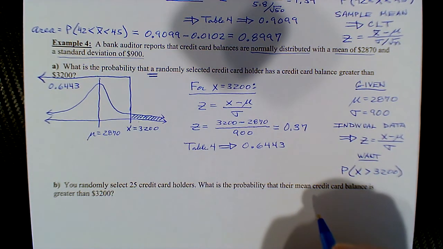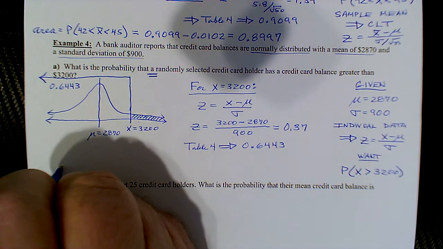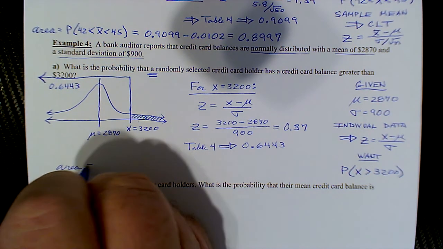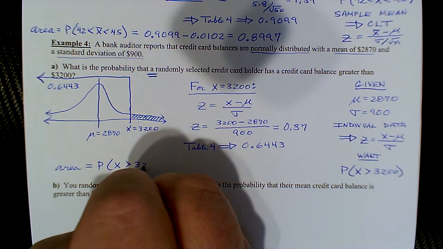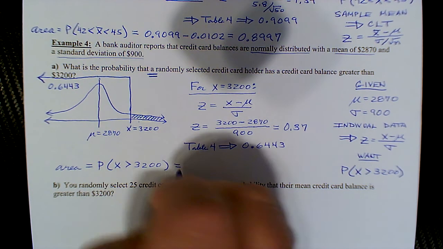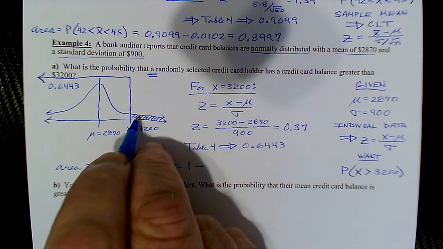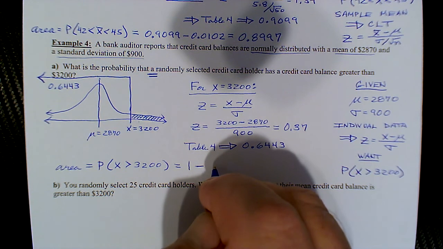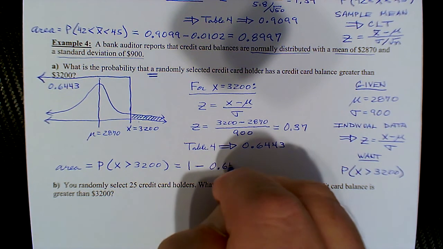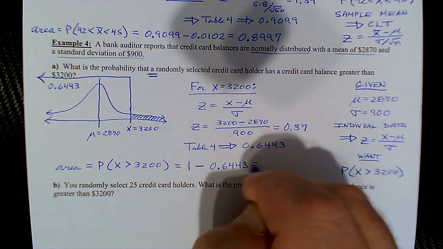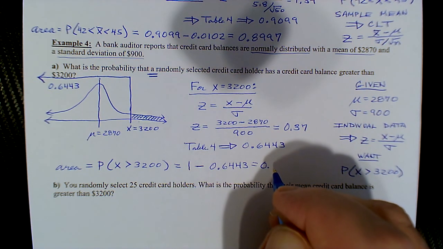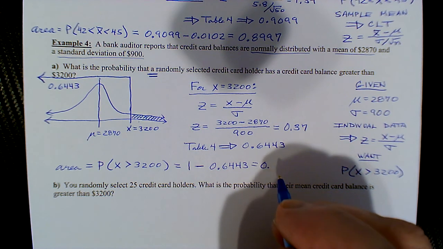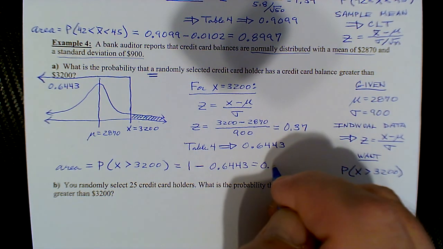Alright, so therefore the area we're looking for, again I always say area, you could say probability that x is greater than the 3200 is equal to, okay, because it's to the right, it's 1 minus the area that we just found. So 1 minus the 0.6443 or 0.3557.